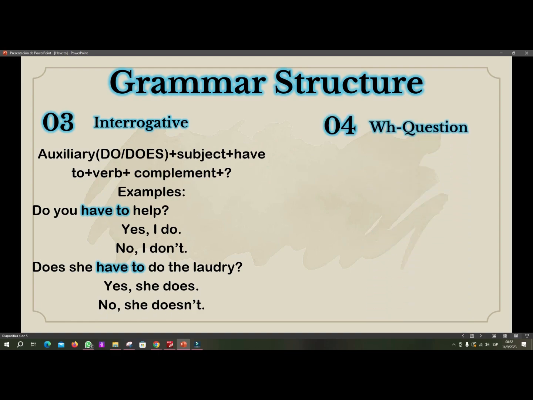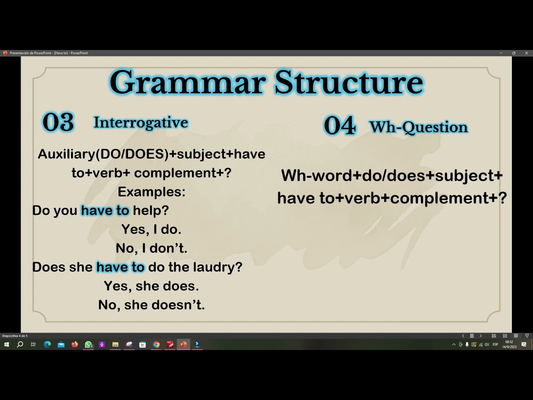Also, we can have WH word questions. First, the WH word, you can have which, where, who, how, why, etc., right? Also, the auxiliary, in this case, do or does, it depends on the subject that you have, and have to, the verb in the base form, the complement, and the question mark.